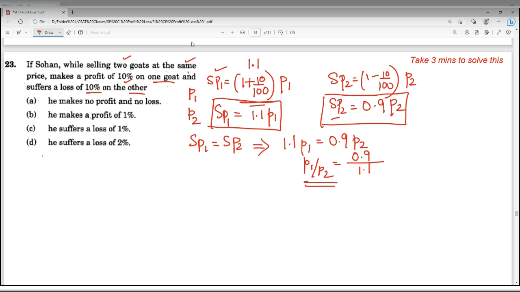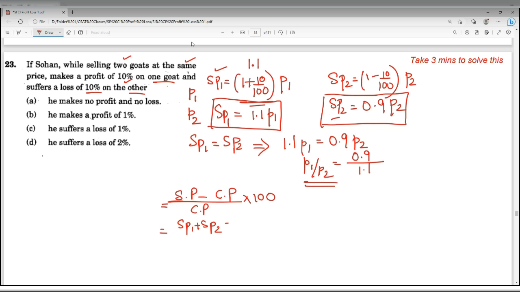Now to calculate the overall profit percentage, we need the selling price minus the cost price, divided by the cost price, into 100. The selling price is SP1 plus SP2.